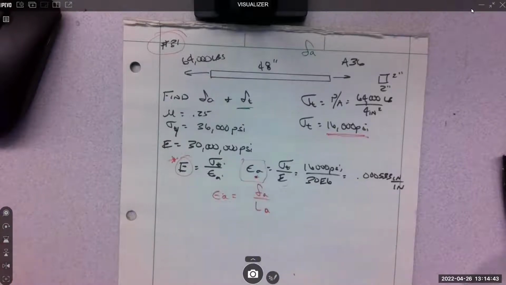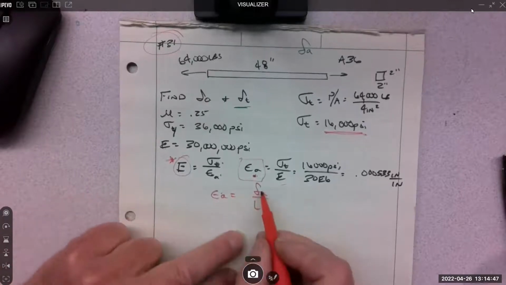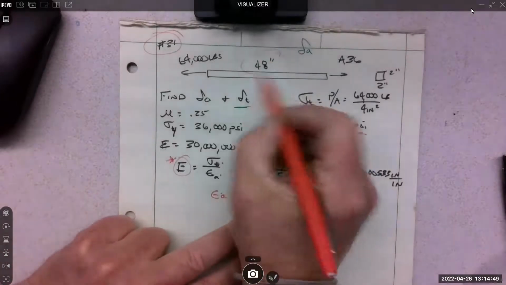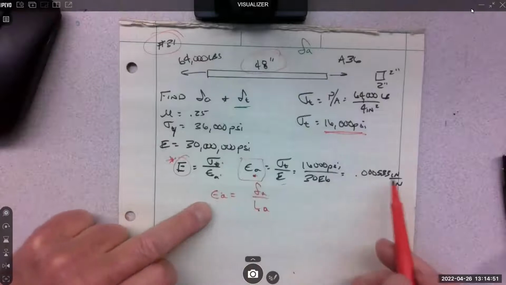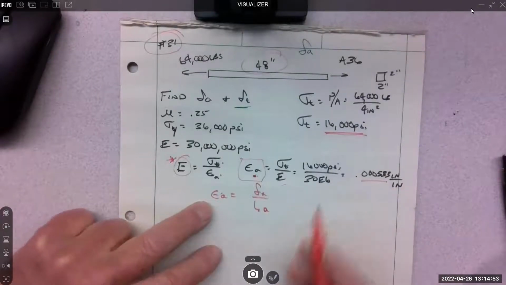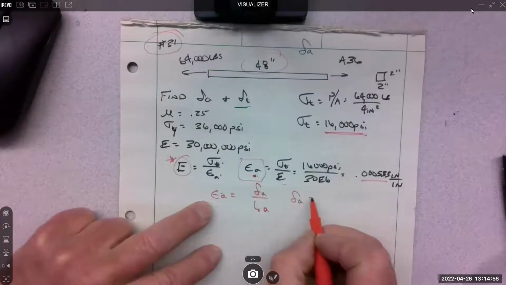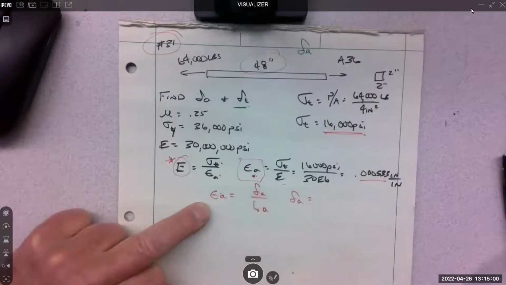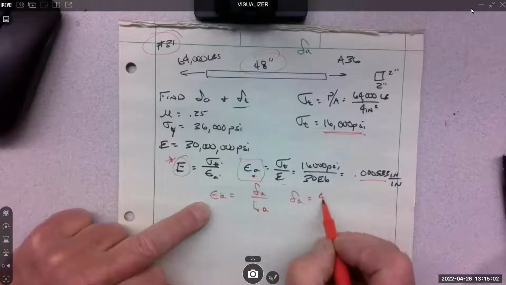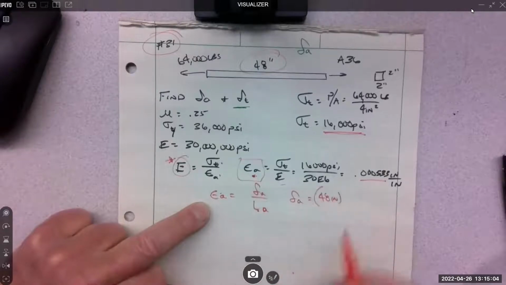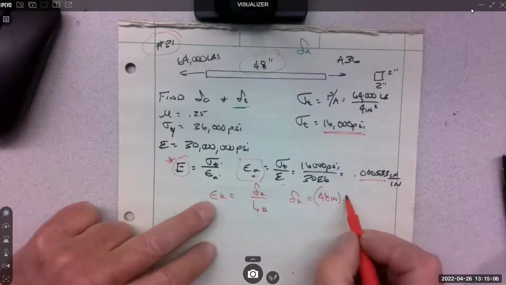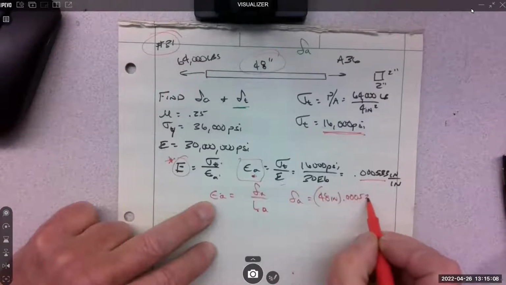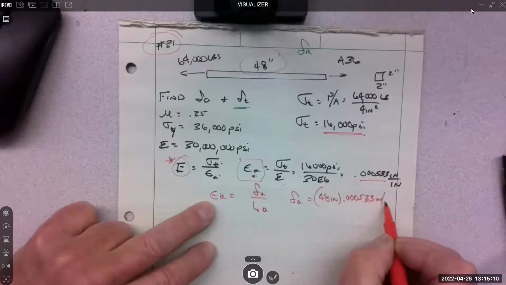Same thing, long. Just think of long. So then I actually want this. I know this, 48. And now I know this because I just calculated it. So I can say, oh, the change in the axial length is going to be equal to 48 inches times my 0.000533 inches per inch.